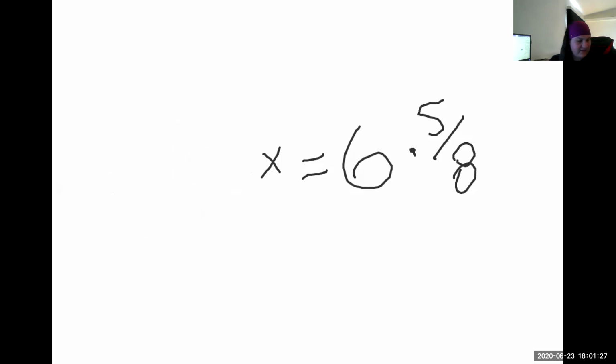So then we have to multiply 6 by 5/8. What we would do with this is multiply across. So 6 times 5 is 30.